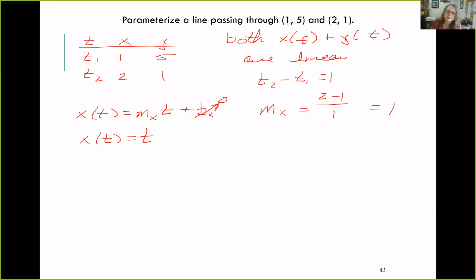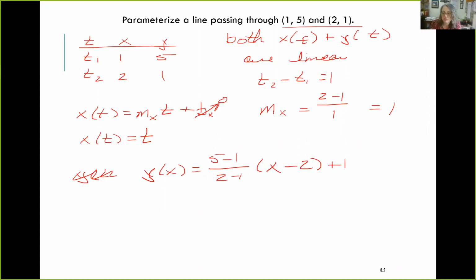Now let's look at y. And we could do this a couple of ways. The easiest way is to do what we did a minute ago, but let's try it this way. So now we're going to say y of x equals the slope between these 2 points. So it's 5 minus 1 over 2 minus 1 times x minus 2 plus 1.